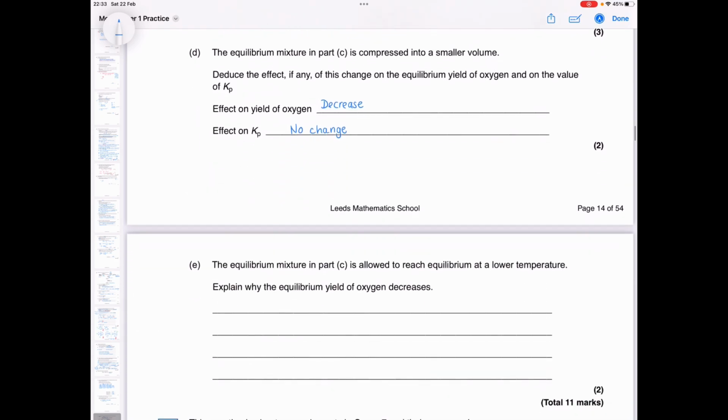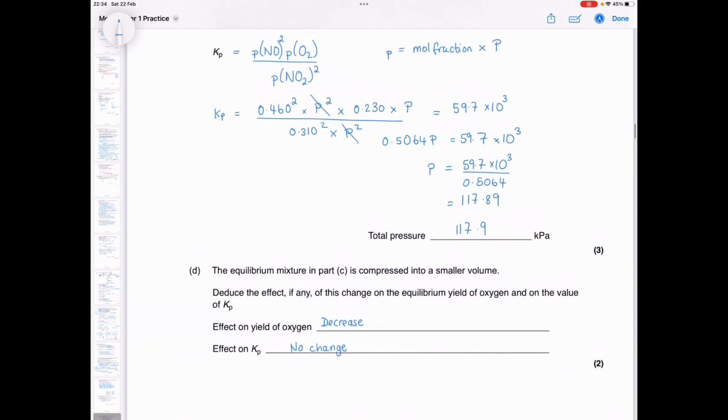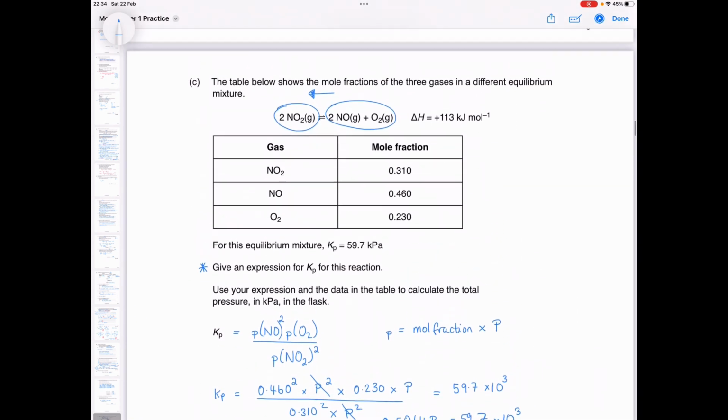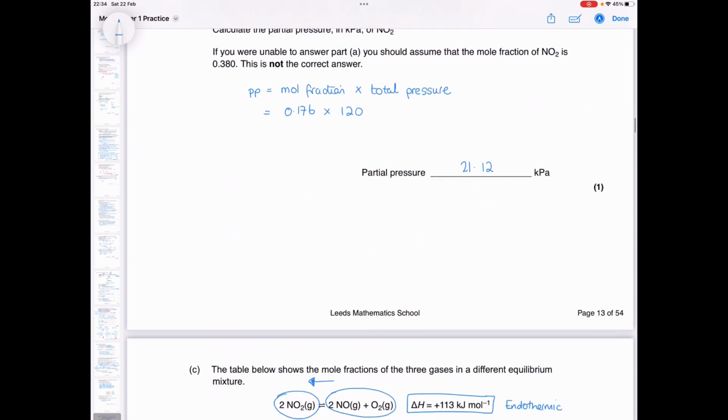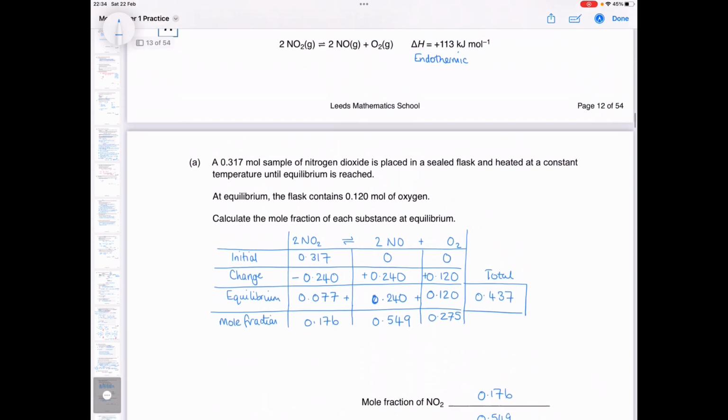The equilibrium mixture in part C is allowed to reach equilibrium at a lower temperature. Explain why the equilibrium yield decreases. So looking right back to the start, when we observed that the enthalpy change for this is endothermic. In fact, I think I might have even written that down right at the top here.